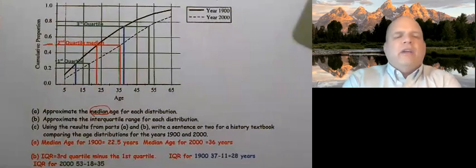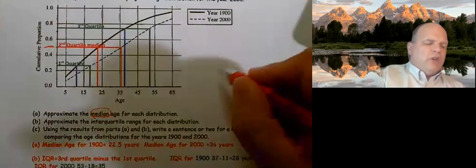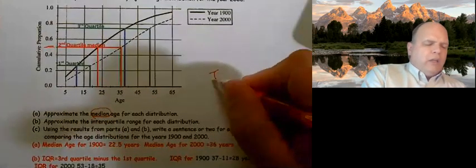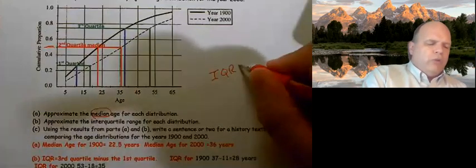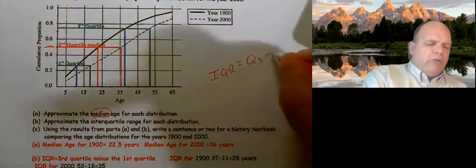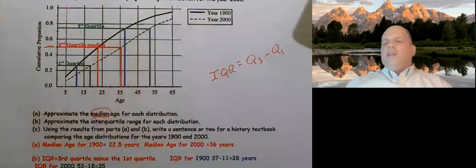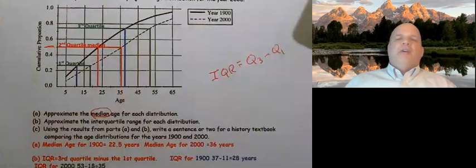Then they ask us to approximate the interquartile range for each. Remember, IQR, or the interquartile range, equals Q3 minus Q1. So I need to find the third and first quartile for each distribution.